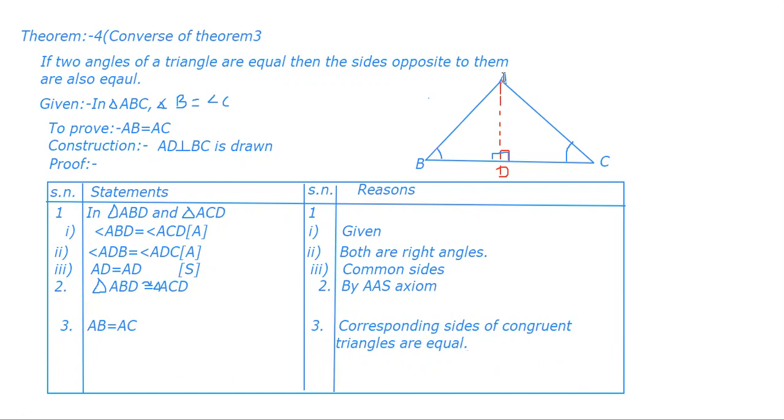Yes, we have to prove AB and AC are equal. If two angles of the triangle are equal, here angle B and angle C are equal, then its opposite sides are also equal. Proved.